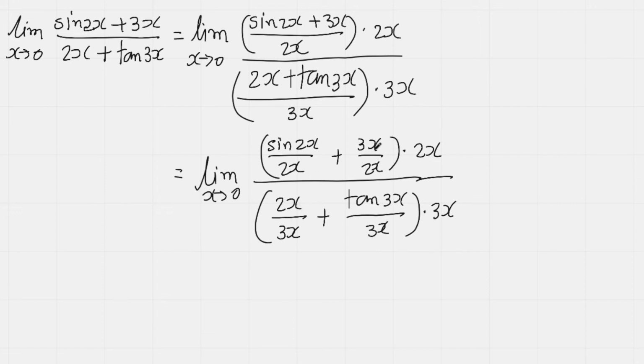Now you can see that in the numerator we can cancel out this x from the numerator and denominator. In the denominator also we can cancel out this x, and here in 2x divided by 3x we can also cancel out this x. So now we have 2 over 3. We can take it outside of the limit.